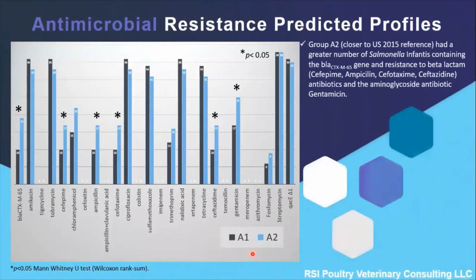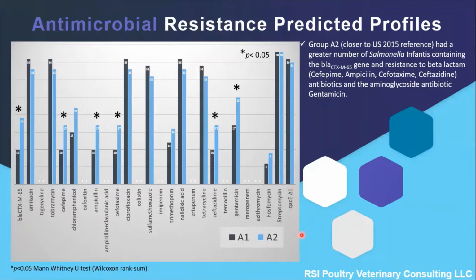This chart shows the comparison between the groups A1 and A2 based on the number of isolates that show resistance to the antibiotics or had presence of the BLAST-TXM65 gene or the QACE delta 1 gene that provides tolerance to quaternary ammonium compounds.